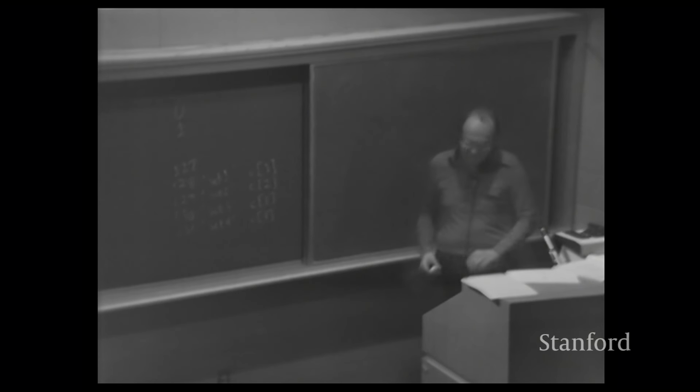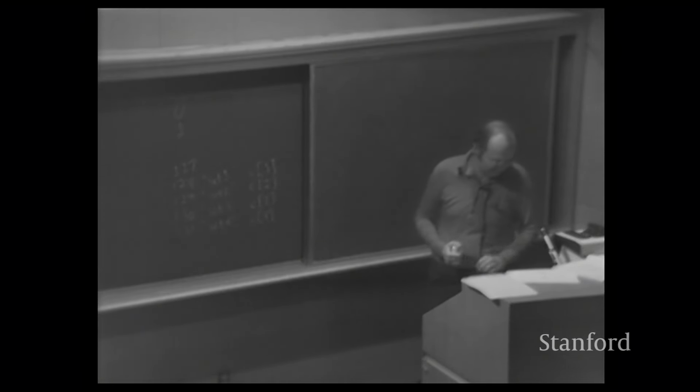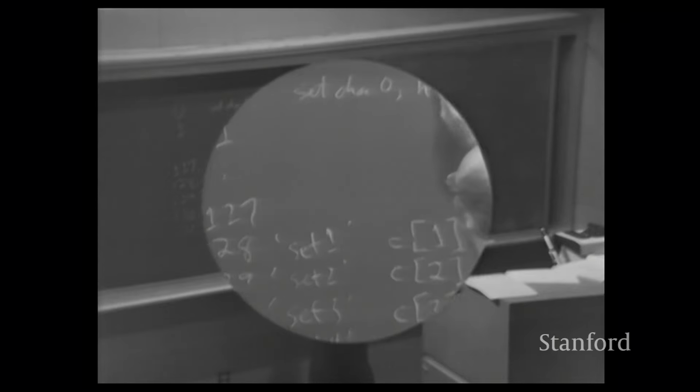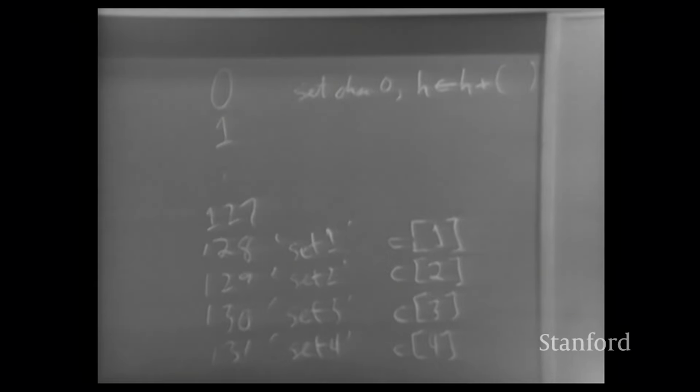Now, all of these set instructions not only typeset the character, but they also move H to the right by the width of the character. So this is set character 0, and H is set to H plus the width of that character.